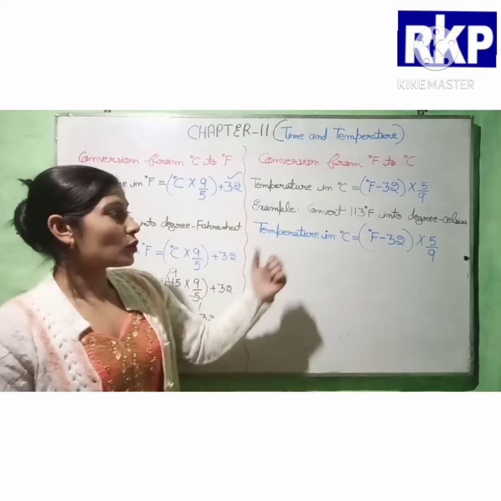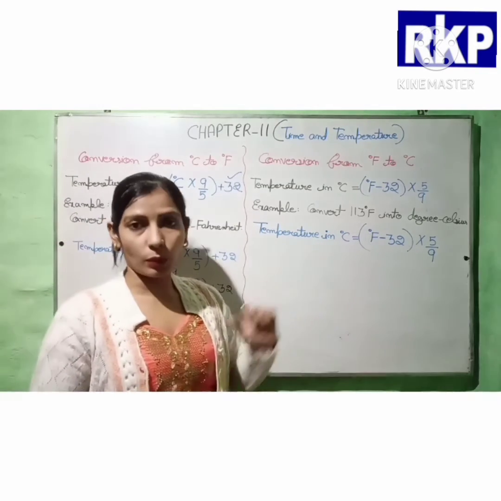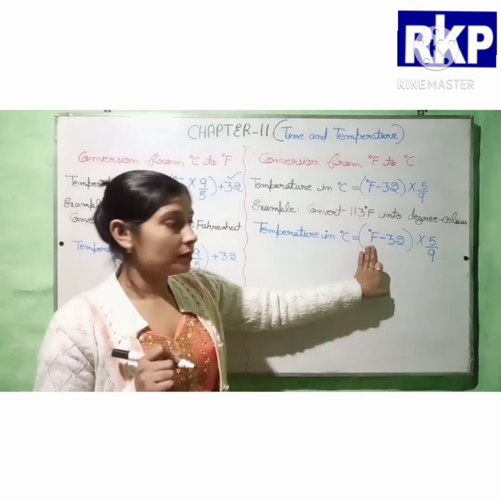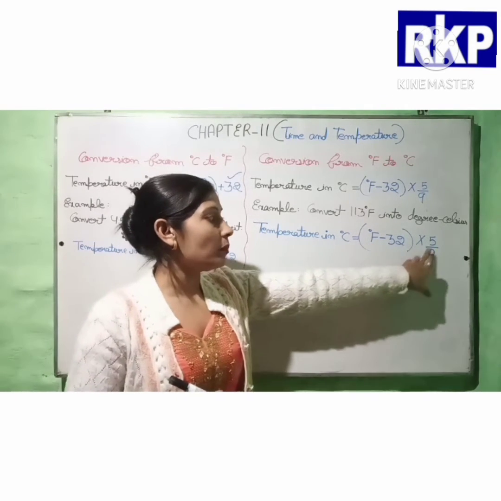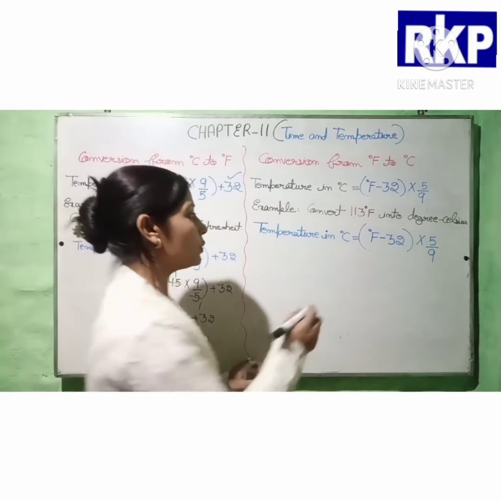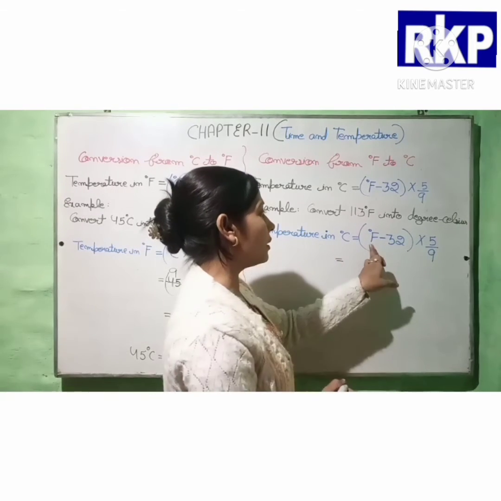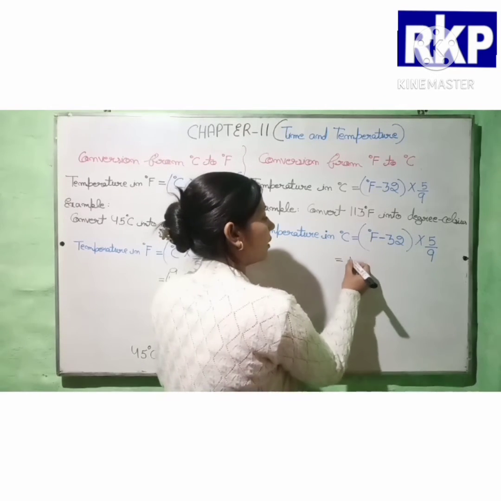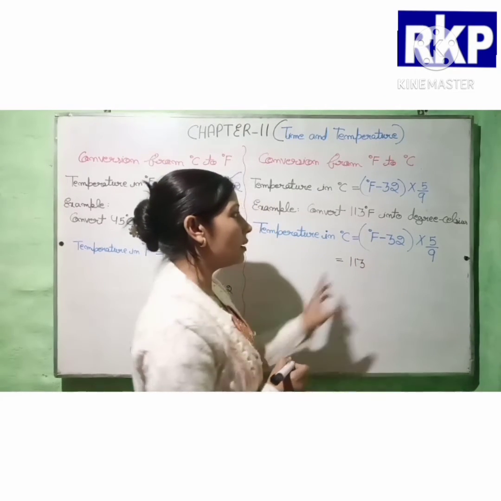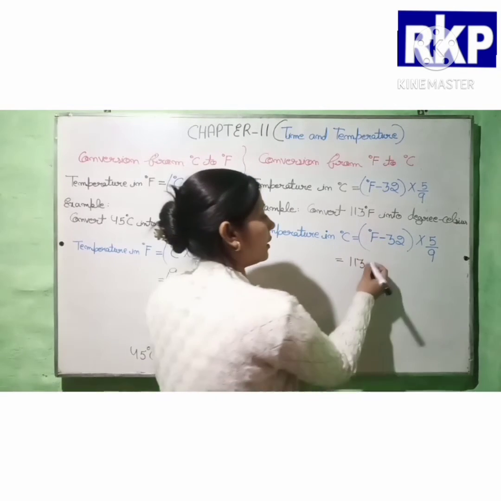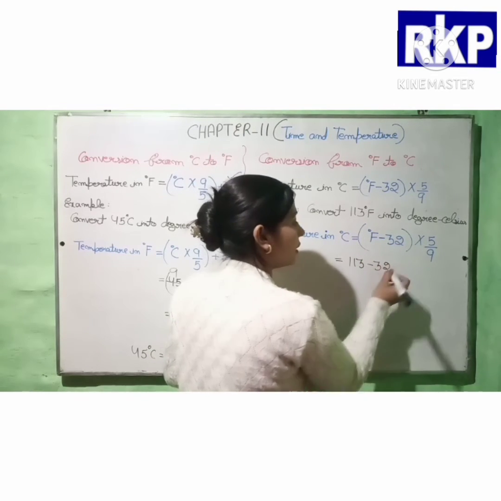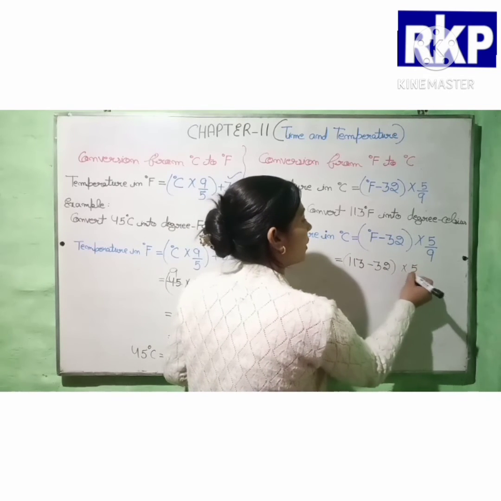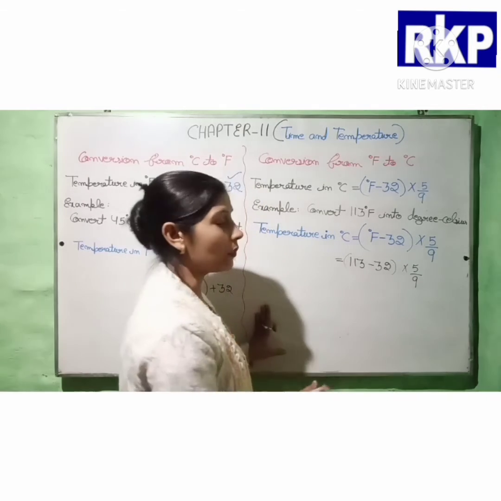First of all, here we have to write the formula. And what is the formula? Degree Fahrenheit minus 32 multiply 5 by 9. So first we write the given temperature, 113 degree Fahrenheit. Now we have to subtract 32 from the given temperature and then multiply it with 5 by 9.